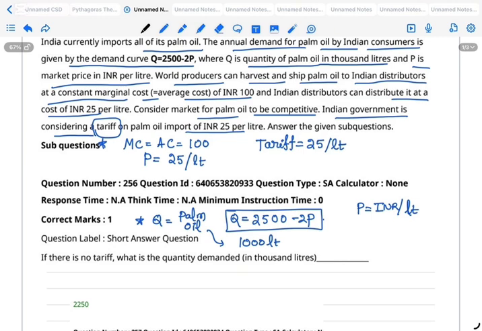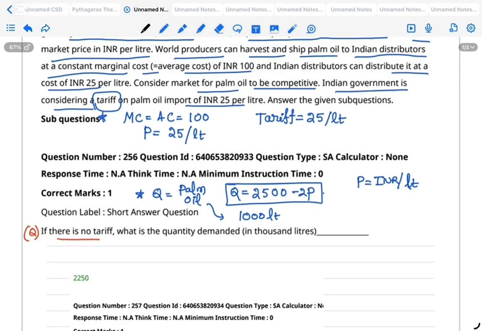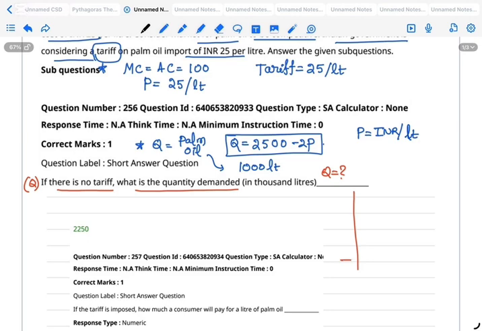Answer the following sub-questions. If there is no tariff, what is the quantity demanded in 1000 liters? That is, find the quantity Q if there is no tariff. This is the demand function, with quantity Q and price P on the y-axis.